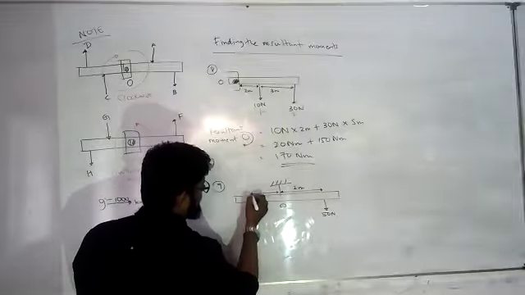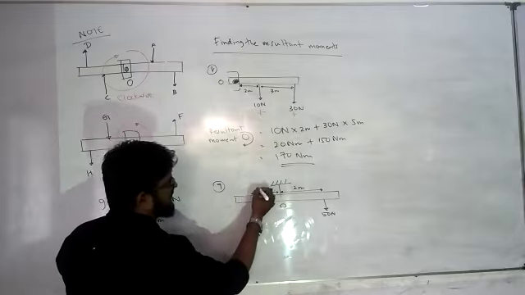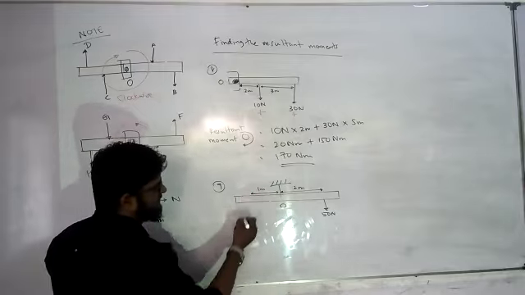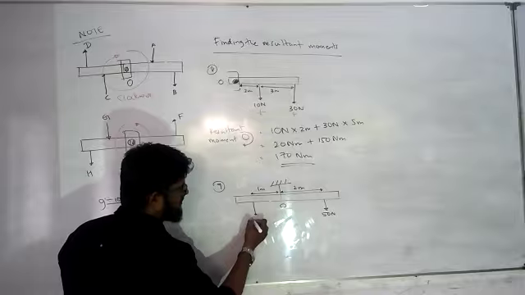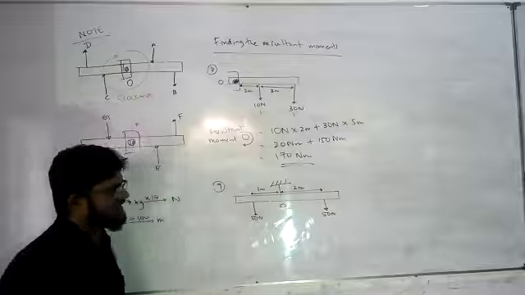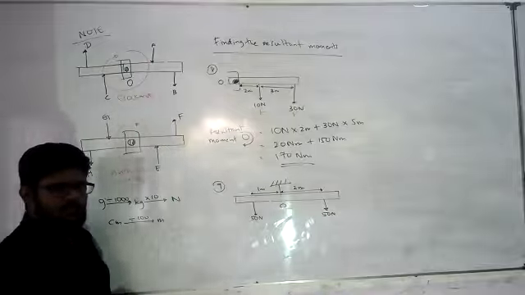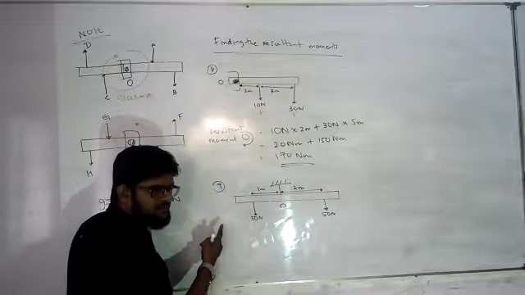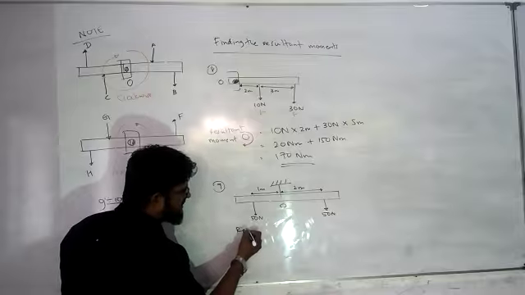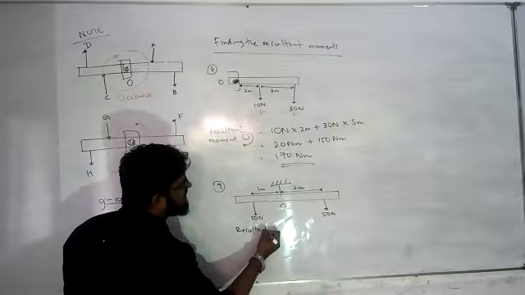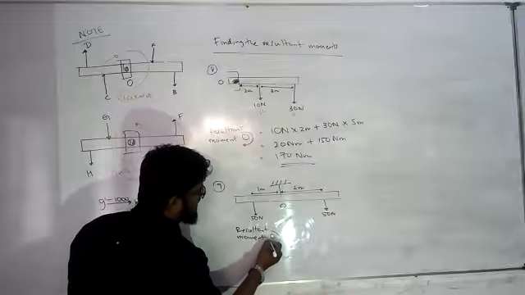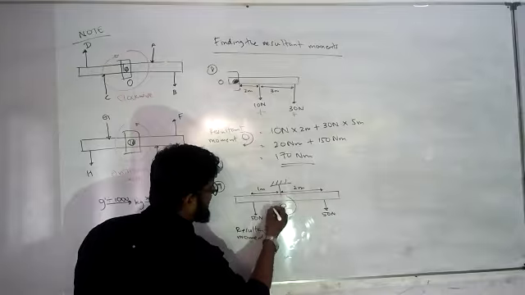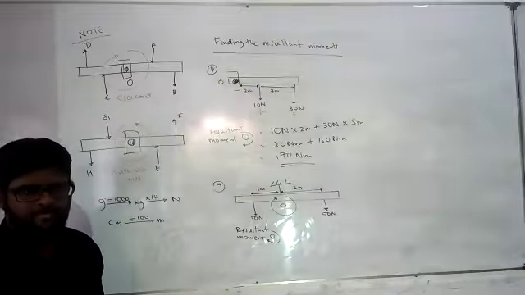At 1 meter, I have another force, 50 Newton. I want to find out the resultant moment. Help me out. I take my direction as clockwise around this point. This is my direction.